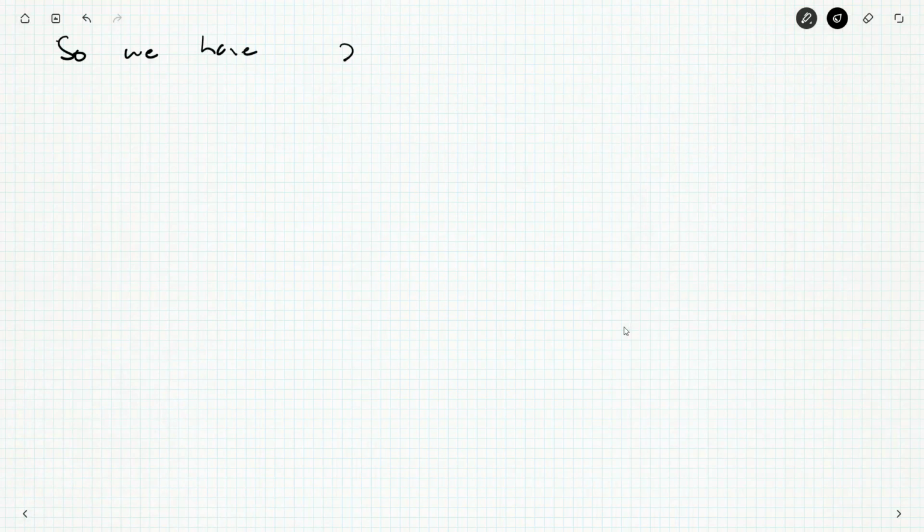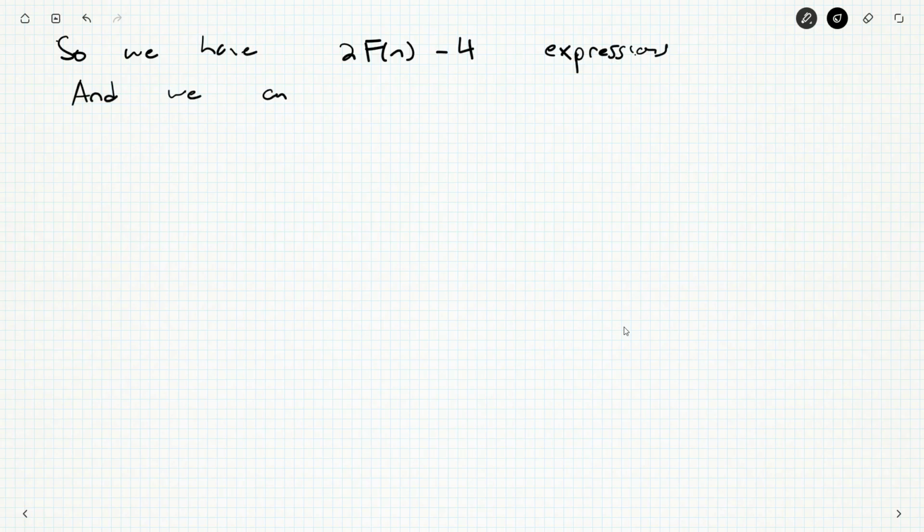So we have 2fn minus 4 expressions. And we can also get 2n is equal to n plus n. 2n is equal to a whole mess of 1s, because remember we didn't allow that to be the a1 plus ax's, so just 2n of those.